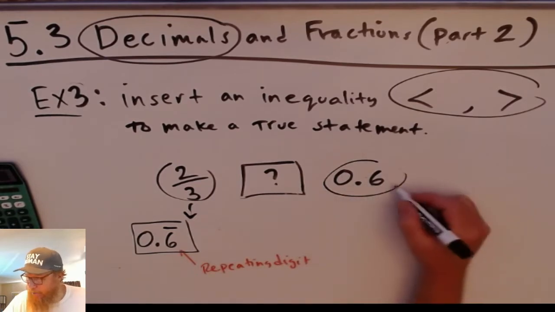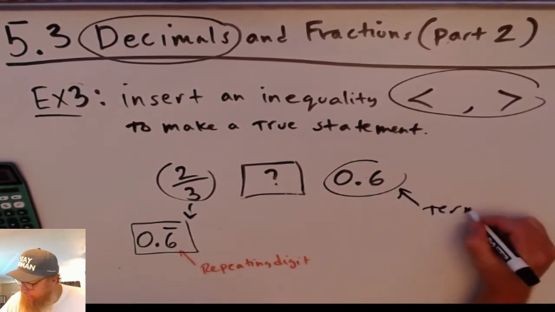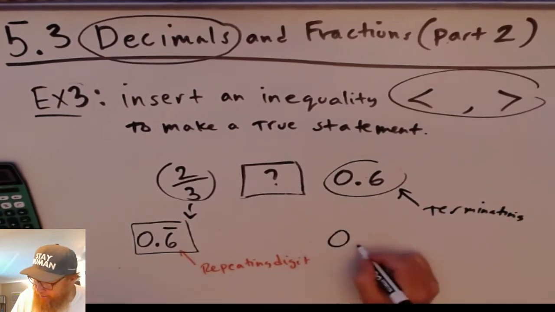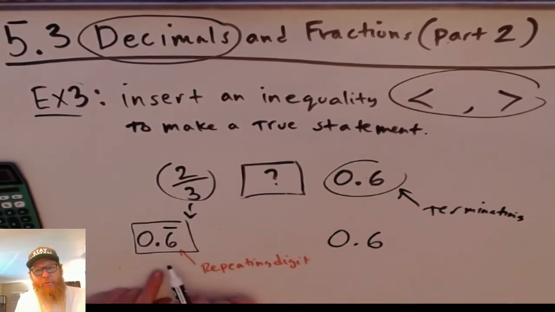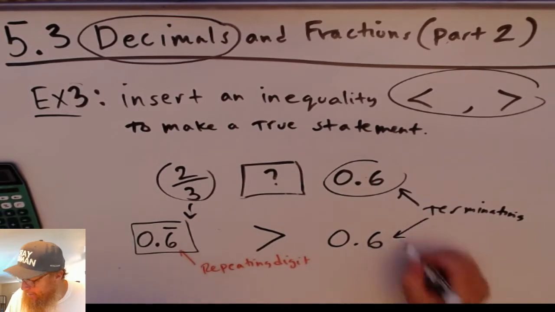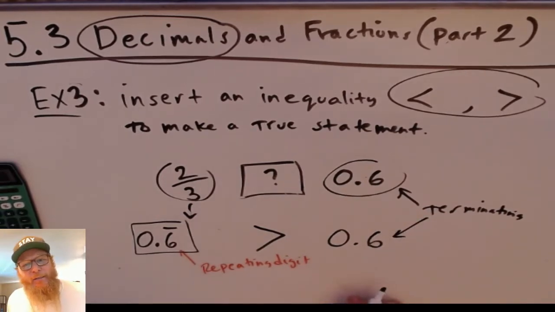And then this is non-repeating. This is terminating. And so a repeating 0.666666 is now greater than a terminating 0.6, which does not have a repeating digit.